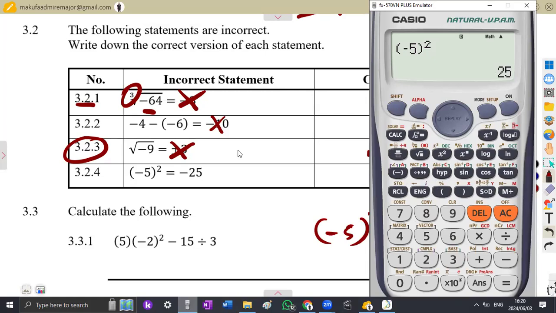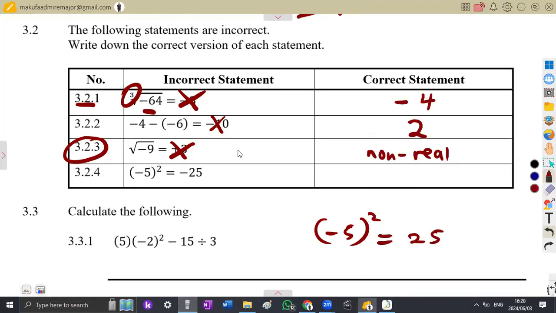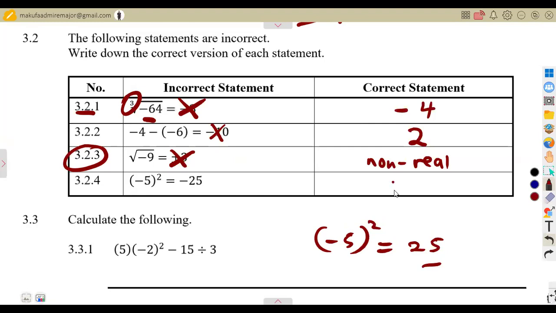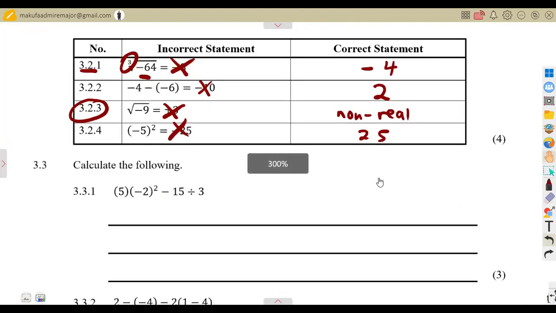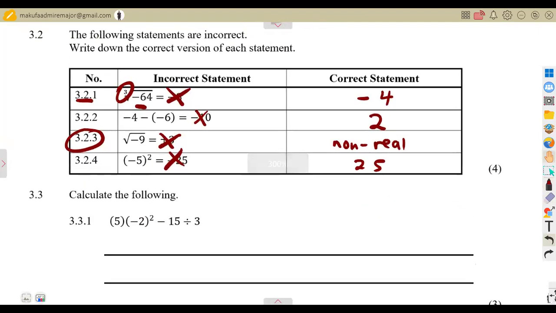As you obtain that answer on your calculator, that is exactly what it was supposed to be, not minus 25. They are saying, guys, you must correct yourselves, because some of you make mistakes writing these answers. Are you able to correct yourself?